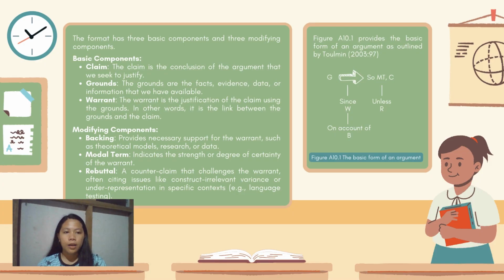The C, which is the claim, is the conclusion reached based on the provided grounds. Since W, the warrant, is the reasoning or principle that justifies moving from the grounds to the conclusion. On account of B, or backing, supports the warrant, strengthening the argument. Unless R, or rebuttal, represents possible exceptions or counterarguments that could challenge the claim.